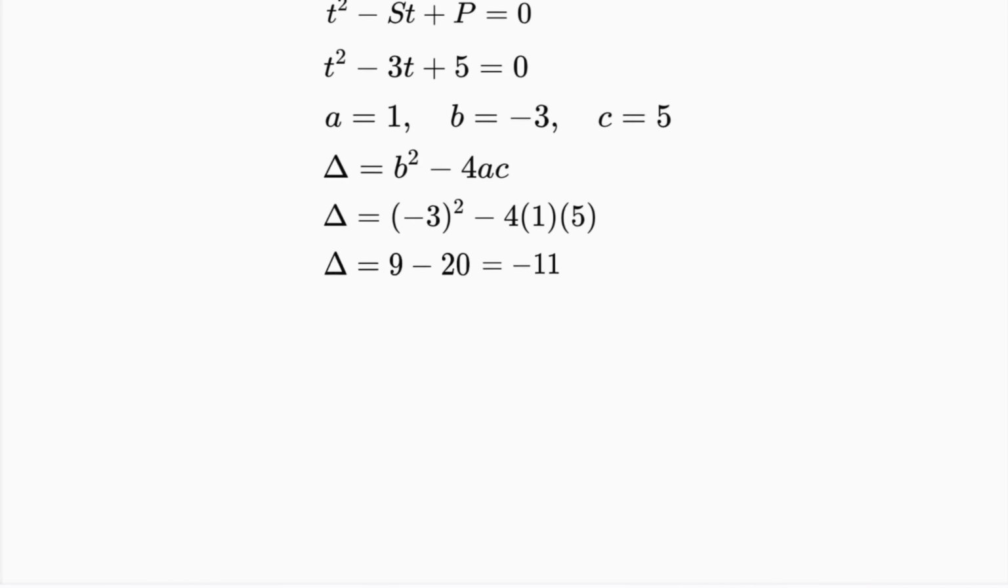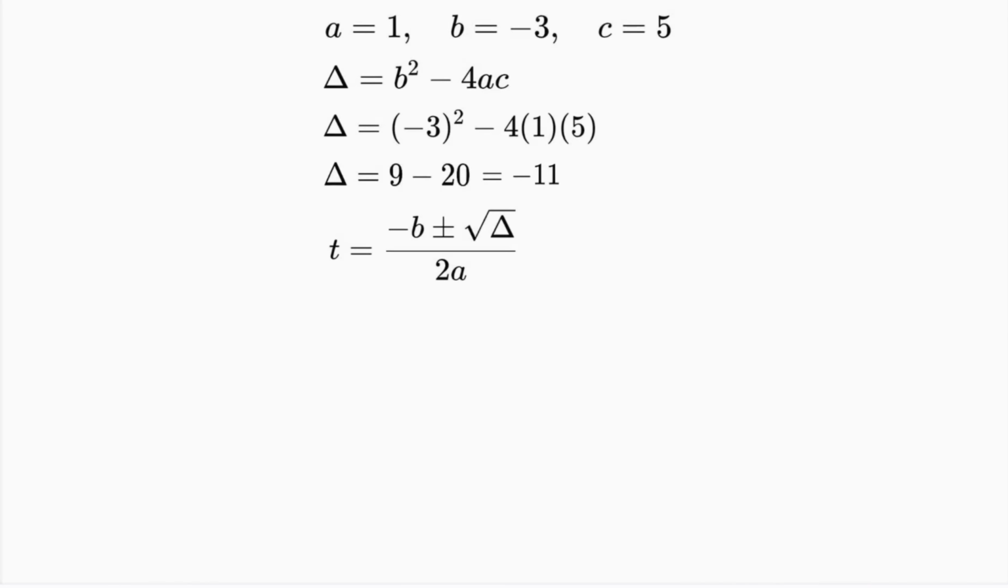Next, solve for the roots of t using the equation minus b plus minus square root delta divided by 2a. Put the values of b, delta and a. This becomes minus of minus 3 plus minus square root minus 11 divided by 2 into 1. Focus on square root minus 11.